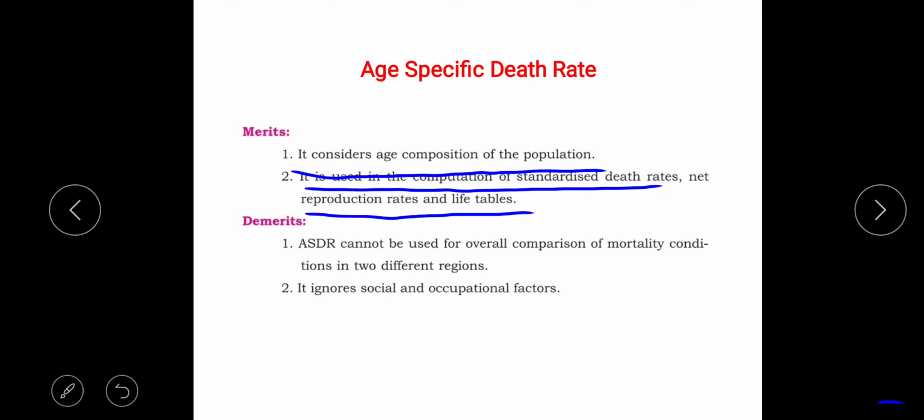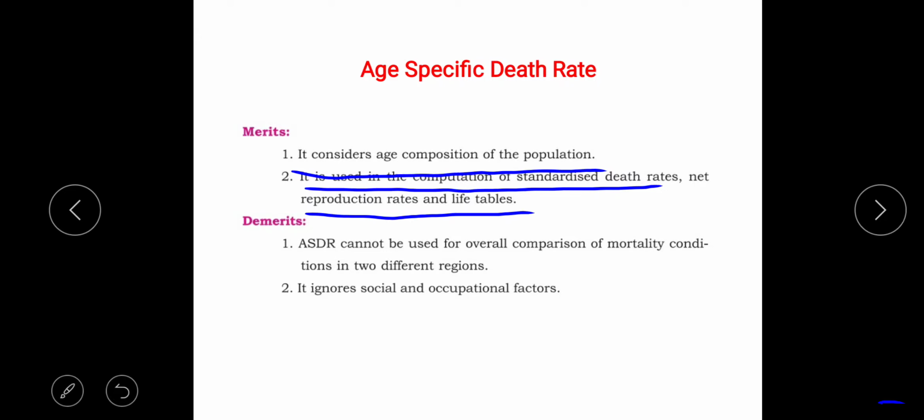So this ASDR will help in further calculations or in the next formulas, that is, it helps in calculation of the standardized death rate, which is the next part of these mortality rates, and the net reproduction rate that we already studied. So where it comes, you might be surprised, is the survival rate.